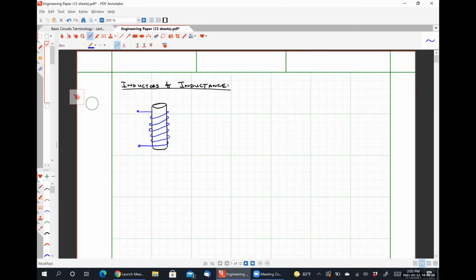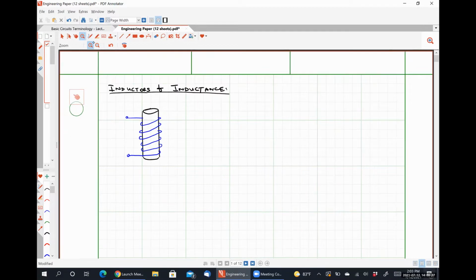This is the basic shape of an inductor. We might pass some current, I of t, into one portion of the wire, and that would obviously then return down here like so.